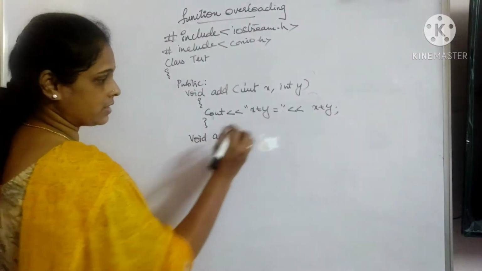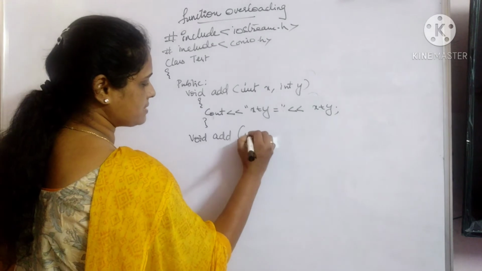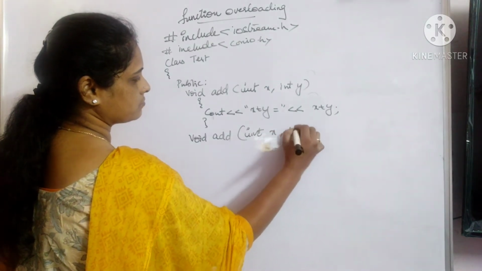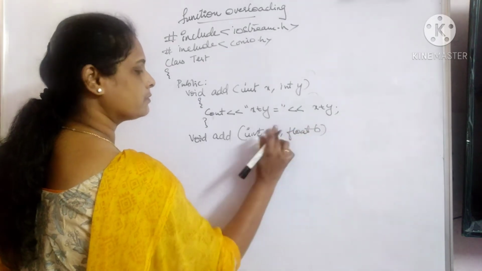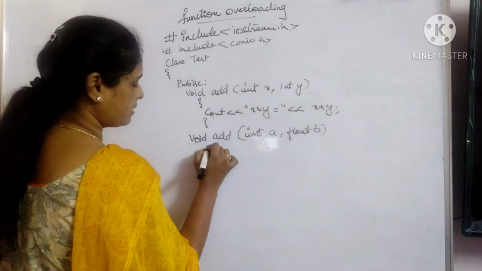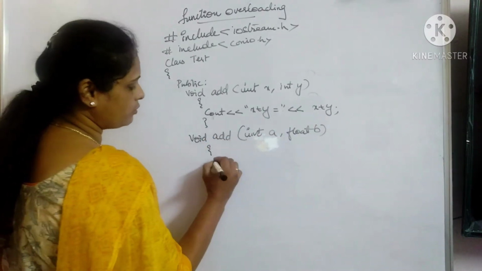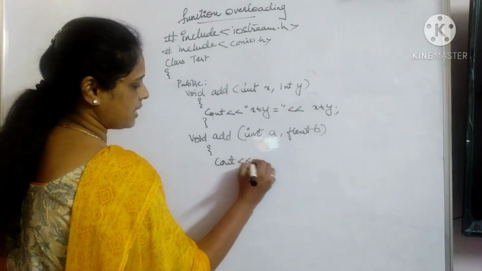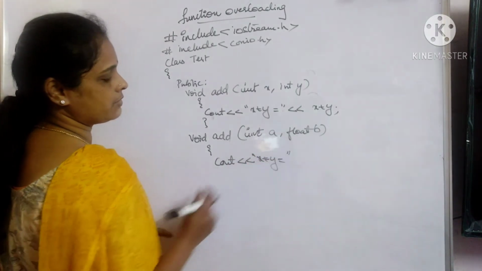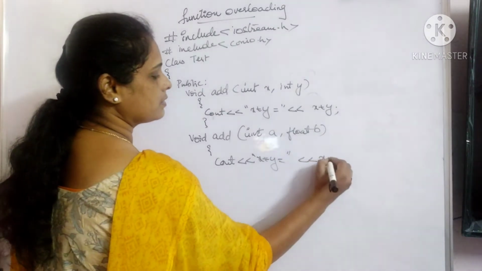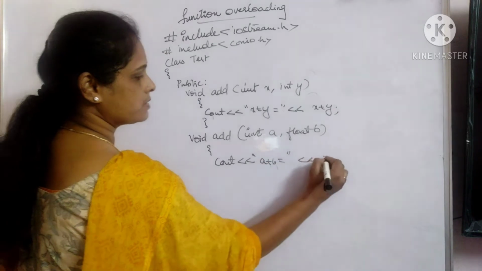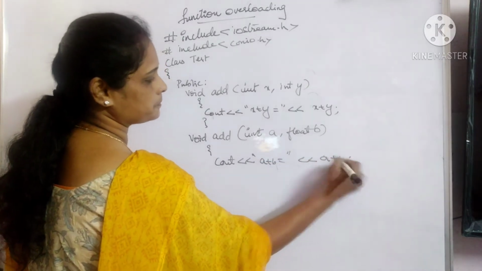I'm using the same function name, but here I'm using different arguments: int a, float b. Then when it is called, it should again cout a plus b. Sorry, it's not x plus y, it is a plus b. So a plus b.